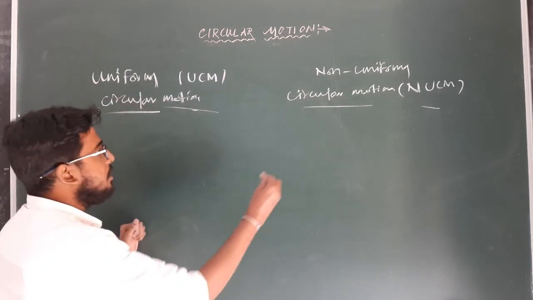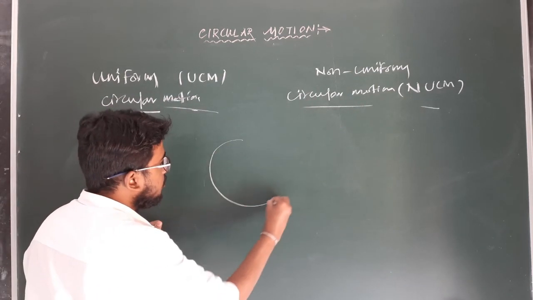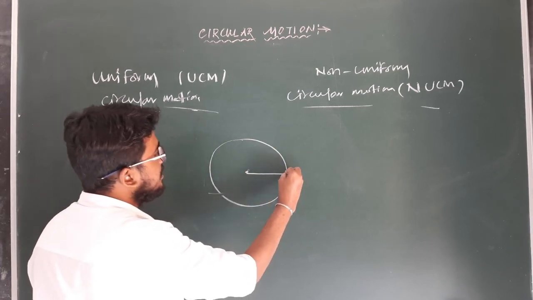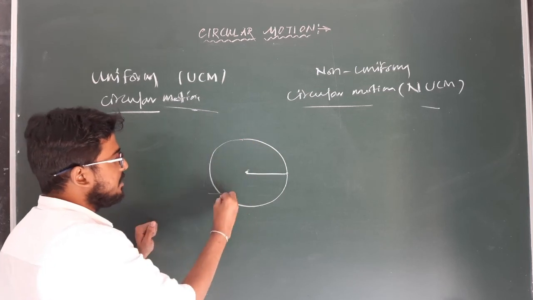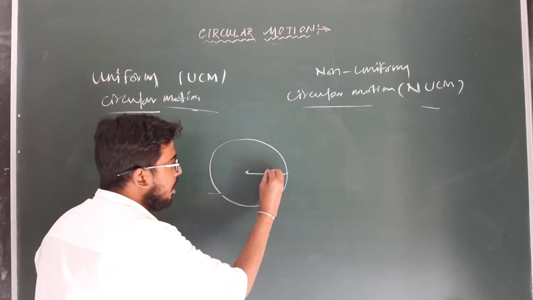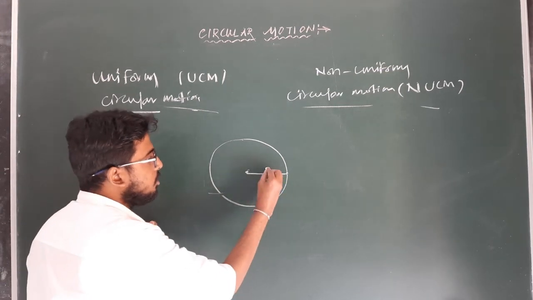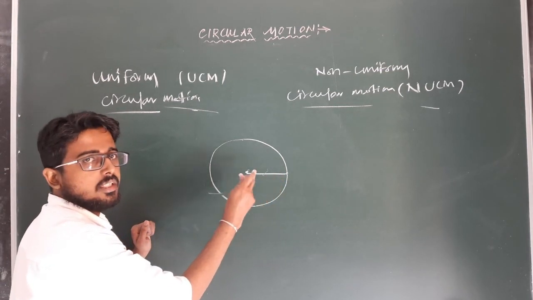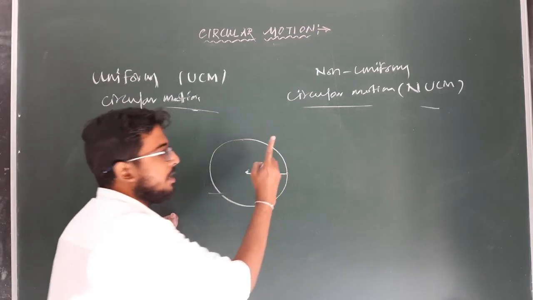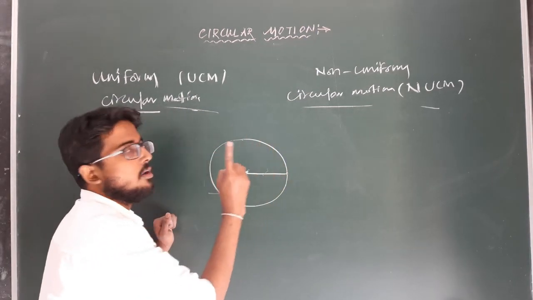So as in case of a circular motion, the direction of velocity changes at each and every instant, so it must have the perpendicular component of the linear acceleration, or the acceleration which acts along the radius, that is radial acceleration. But maybe the speed of the particle changes or may not change.